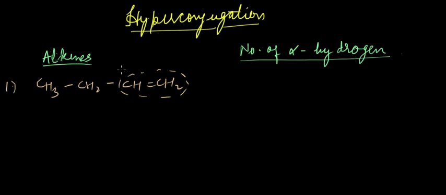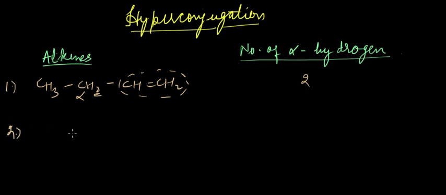The number of alpha hydrogens is just the number of hydrogens attached directly to the alpha carbon. So what is the alpha carbon? The alpha carbon is the first carbon adjacent to the alkene group. So the first carbon adjacent to this alkene group is this carbon. This is the alpha carbon, and how many alpha hydrogens are there? It is just the number of hydrogens attached to the alpha carbon. So in this case, 2.